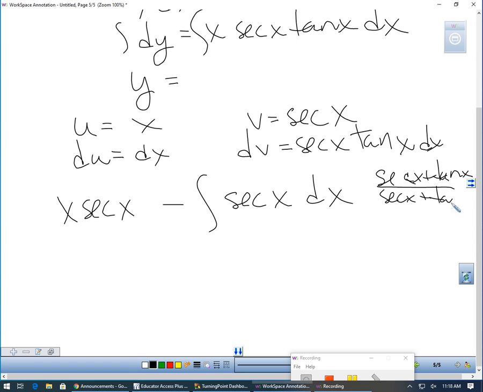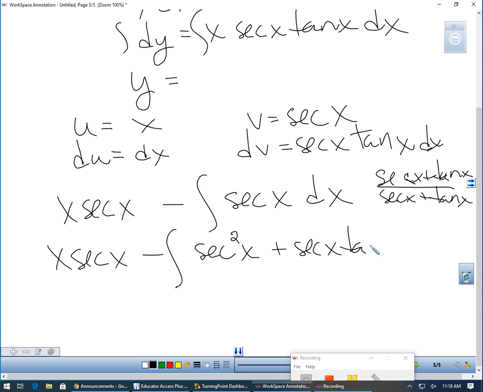Yeah, so we're going to do that here. Didn't want you to forget about that wonderful little hint. So, we have x secant x, minus the integral. If I distribute on top, I will have secant squared x plus secant x tangent x over secant x plus tangent x dx.